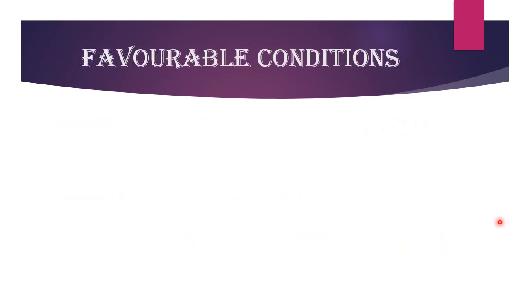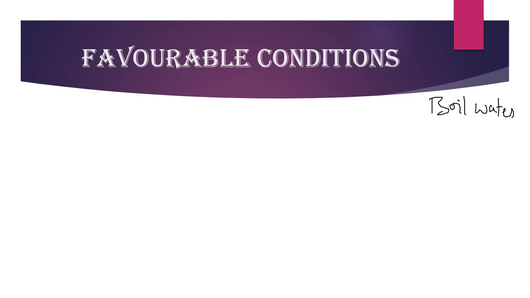Next, what are the favorable conditions? Favorable conditions means which conditions are feasible for this particular reaction. See, if you want to cook the rice, you have to boil the water, and if you do it in the pressure cooker, then there is pressure also.